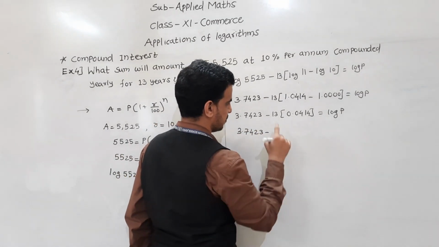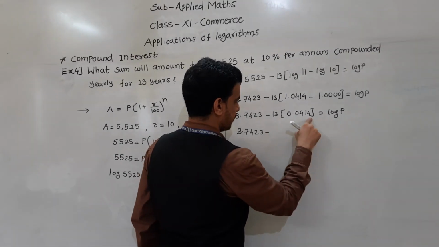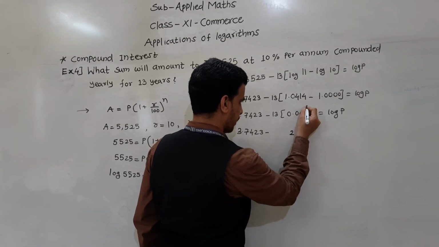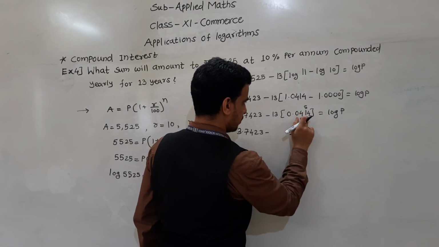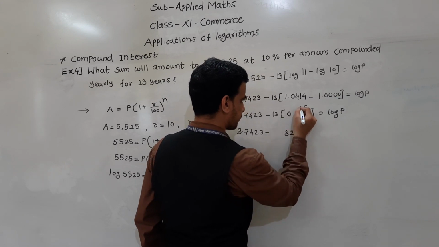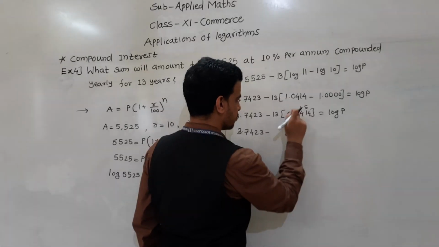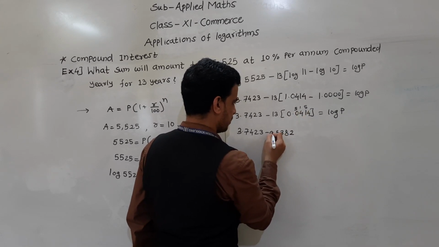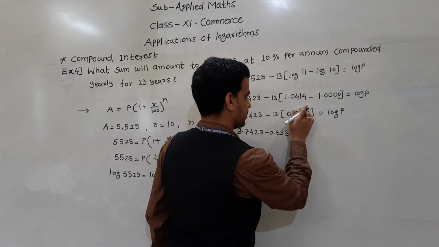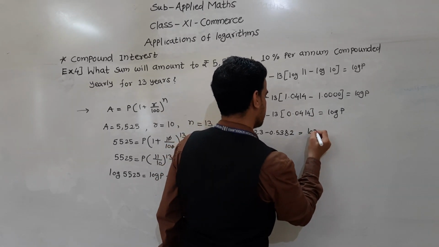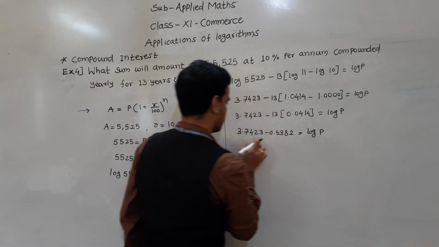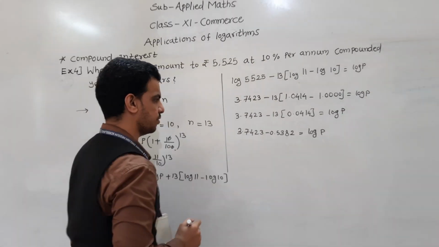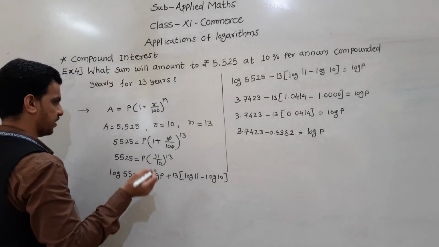3.7423 minus, if you multiply inside, 13 4s are 52, 13 1s are 13 plus 5, 18... 13 4s are 52 plus 1, 53, so it is 0.5382. So log P is equal to this: 3.7423 minus 0.5382.